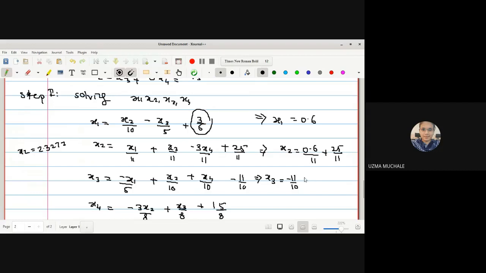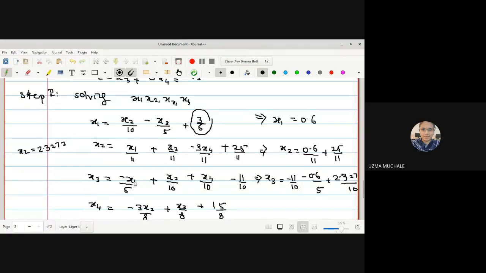We have to use them for finding the value of x3. So minus the value of x1 is 0.6 divided by 5 plus value of x2 is 2.327 divided by 10. And in this term, we have to keep x4 as 0.